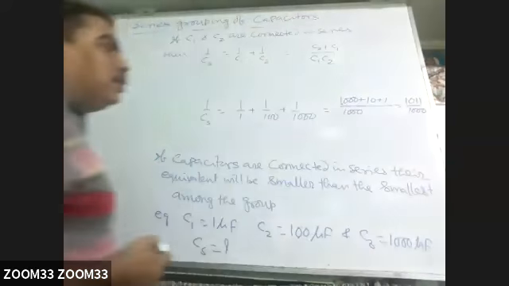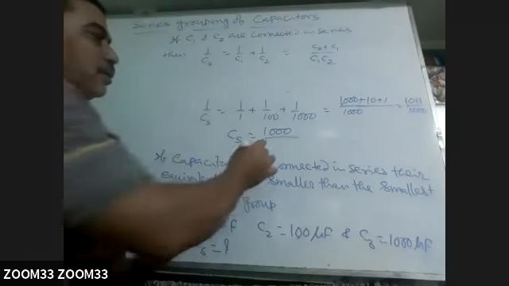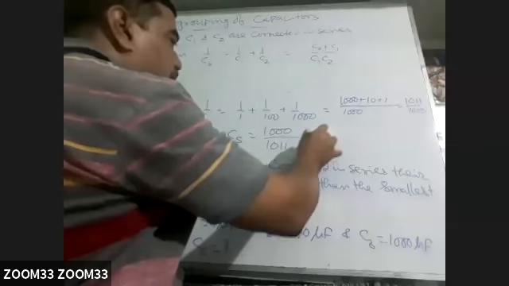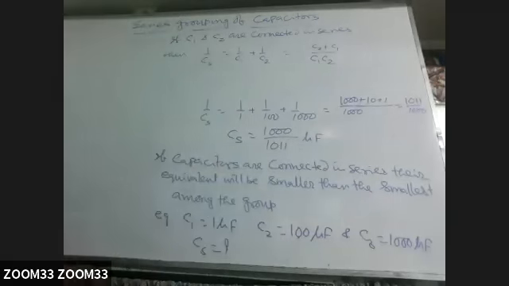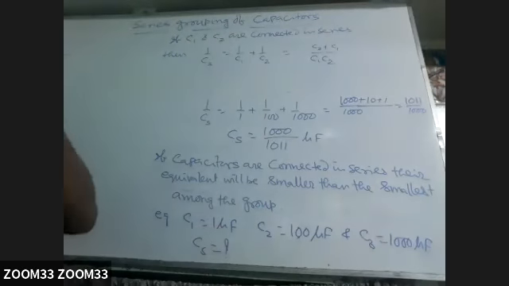Is it correct? No, sir, you have to invert that. Yes, I'm writing. So this much microfarad will be the series equivalent, which is less than 1. Among this group, the smallest is 1 microfarad, and the series equivalent is less than 1 microfarad.